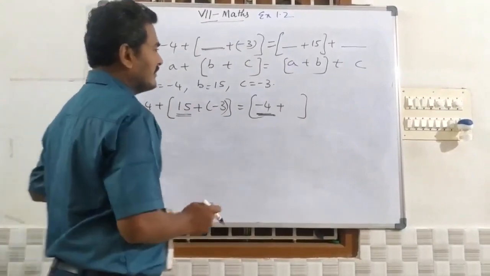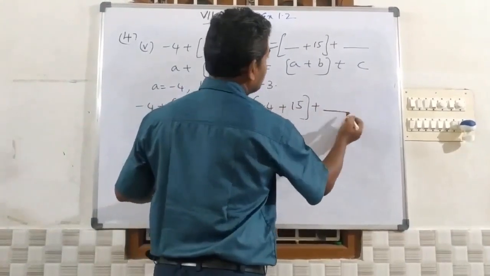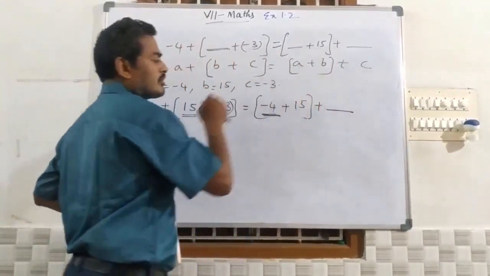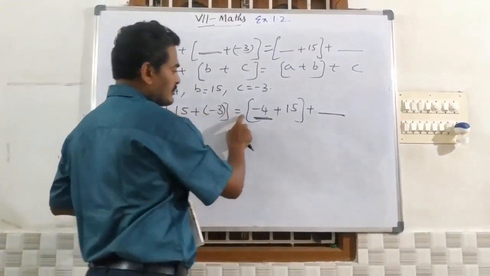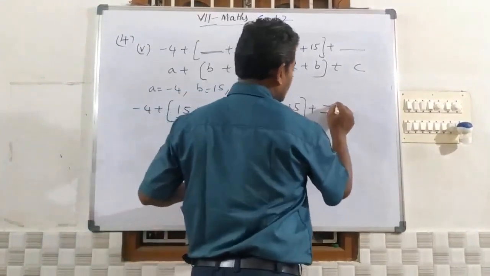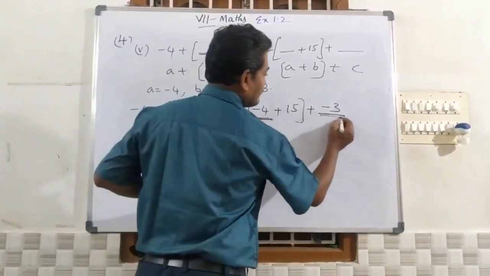Here 15 plus the C value, so three blanks we are going to fill. What is the C value? Minus 3. So these are the blanks we filled.